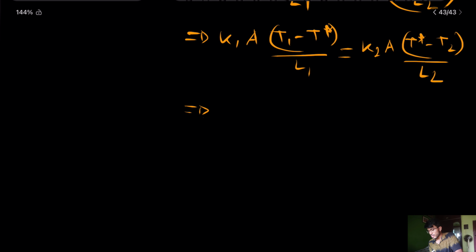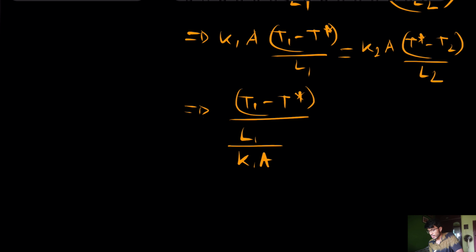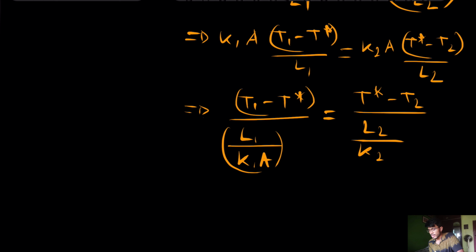So now I can write L by K1A is equal to T star minus T2 L2 by K2A, okay.